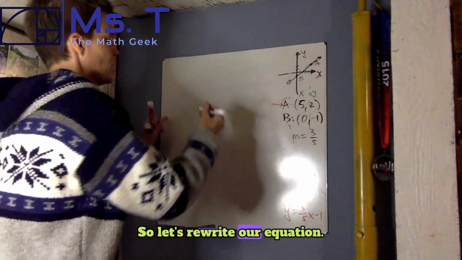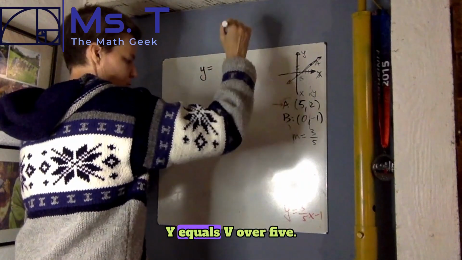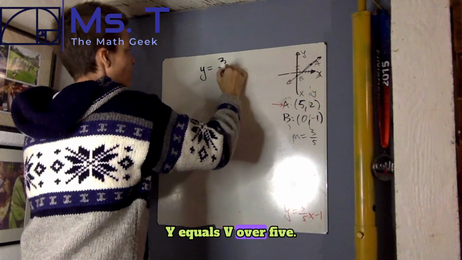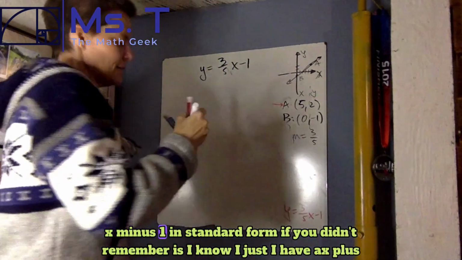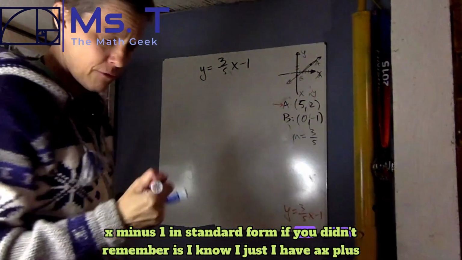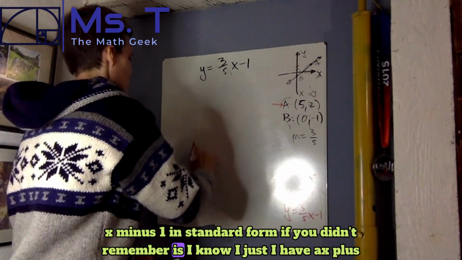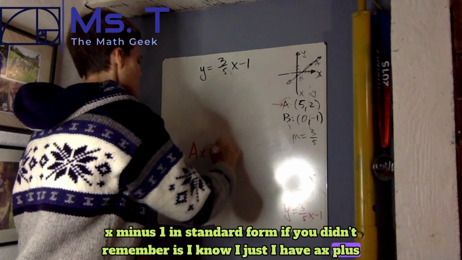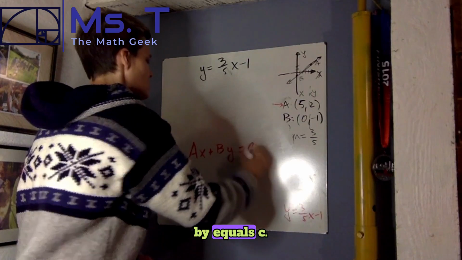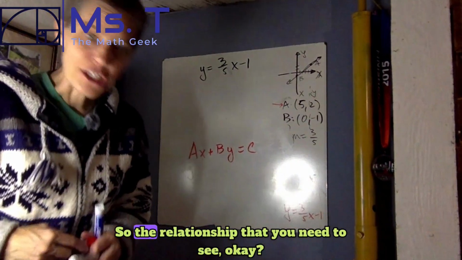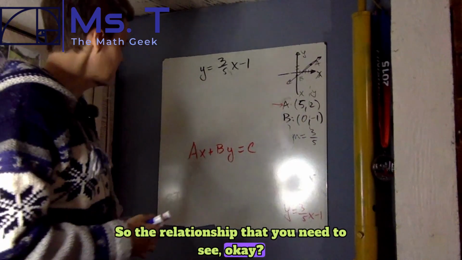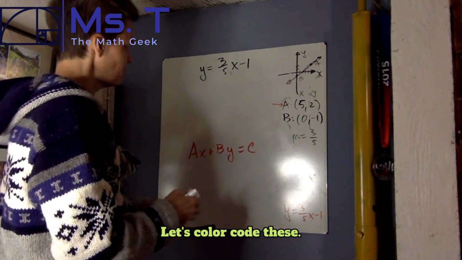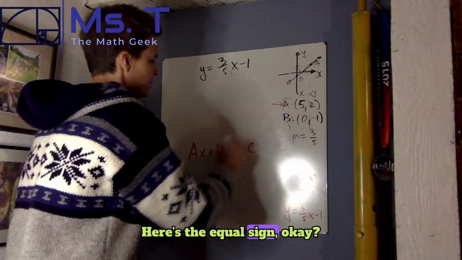So let's rewrite our equation. Y equals 3 over 5 x minus 1. And standard form, if you didn't remember, is ax plus by equals c. So the relationship that you need to see. Okay? Let's color code these. Here's the equal sign.